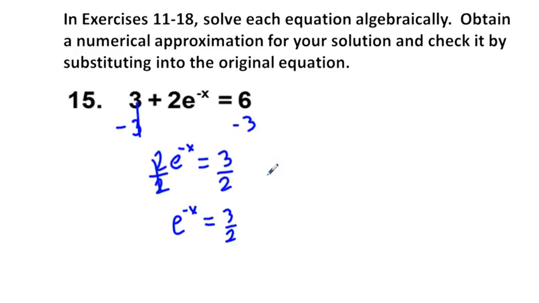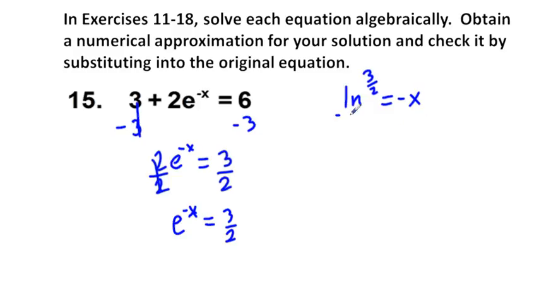And we can rewrite this as a logarithm, where the base of the logarithm becomes the base of the exponent. So we have ln, which is log base e, of 3/2 is equal to negative x.